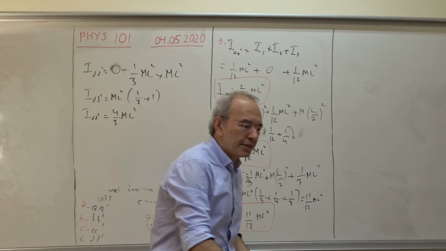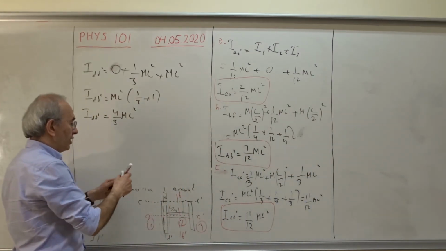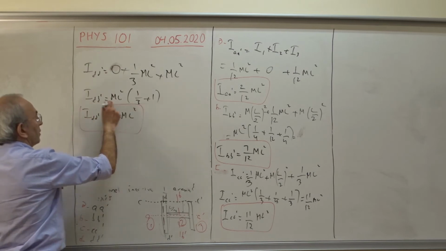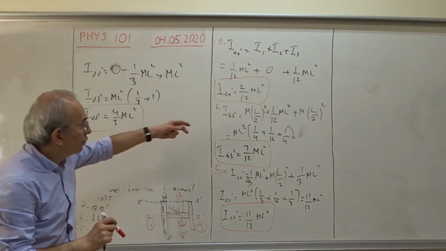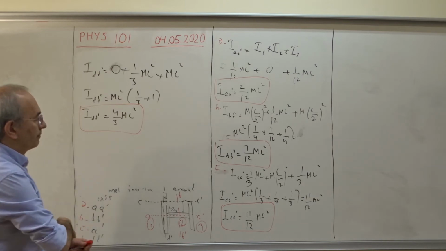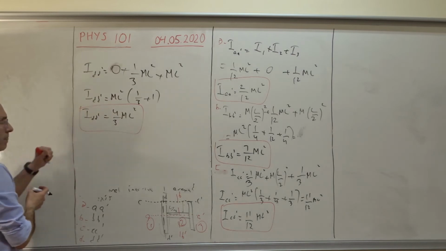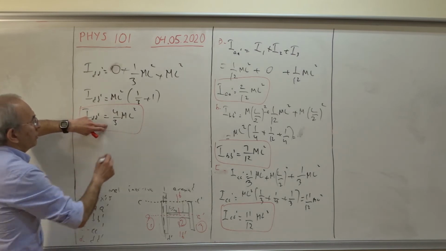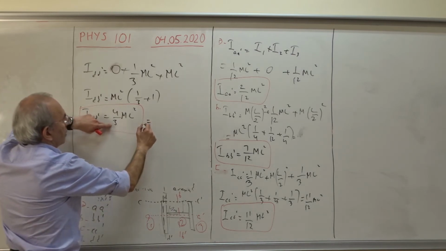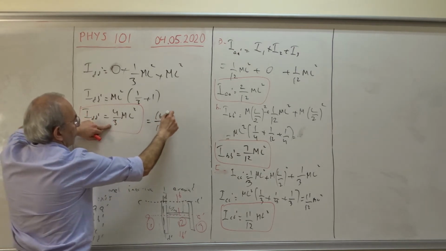Now we can make a comparison between the four cases. Which one is greatest? Let's first of all equate the other terms. For instance, 4/3 is 16/12 ml squared.